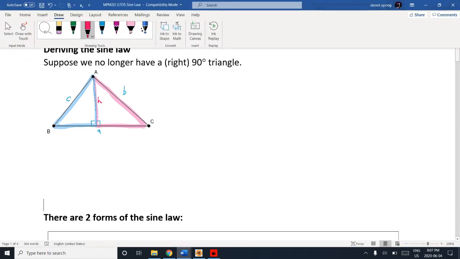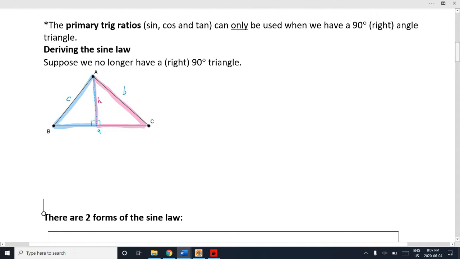Now, let's take a look at sine of angle B. We know sine for a right triangle is SOH, which is opposite over hypotenuse. If we look at angle B here, sine B is equal to the opposite, which is h, over the hypotenuse, which is c.